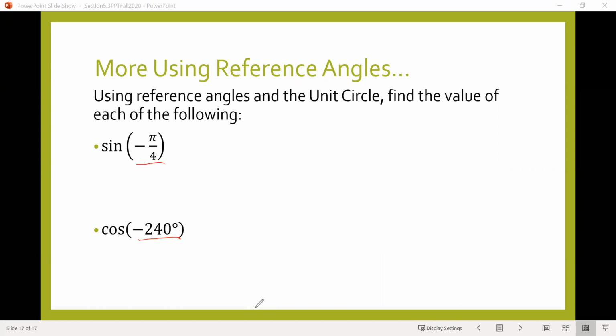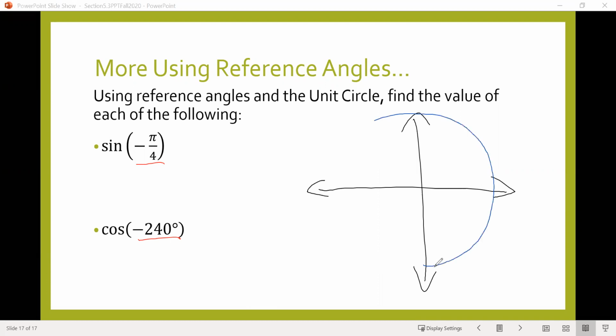But both of these angles are coterminal with angles that are on the unit circle, meaning that they share terminal sides with angles that are on the unit circle, which then means that their sines and cosines will be the same as those angles. So let me go ahead and draw sort of a unit circle there.